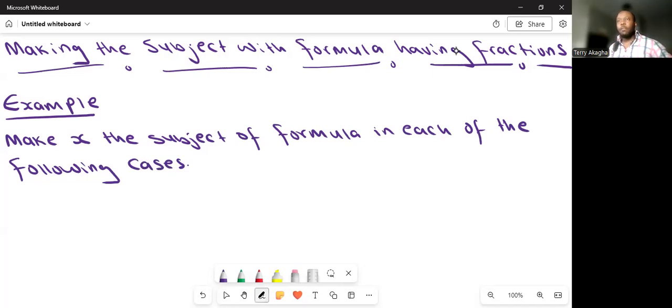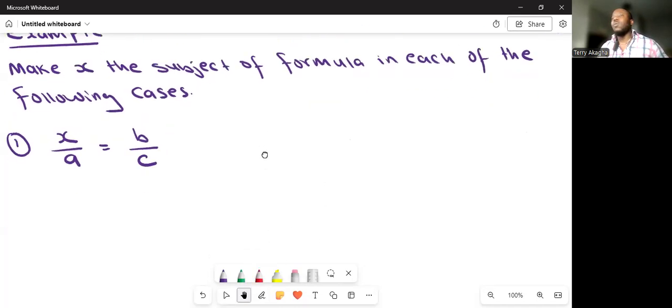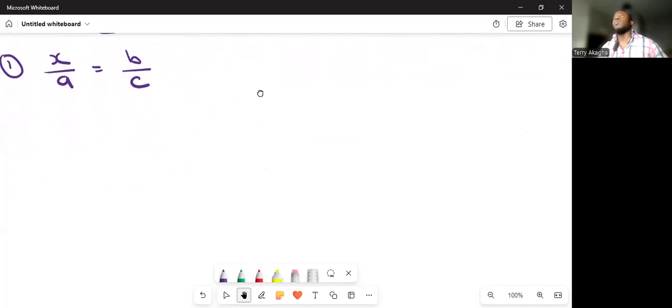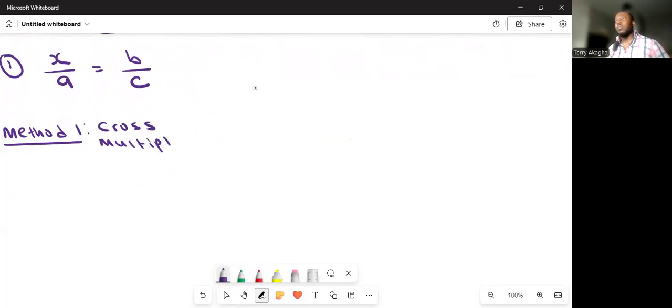All right, so the first one we have x over a is equal to b over c. Now, in this question you can solve it using two ways. You can do cross multiplication if you want to, or you can multiply both sides.